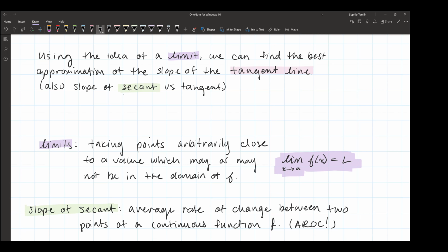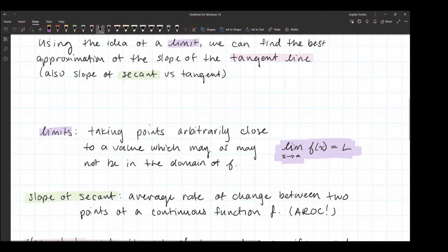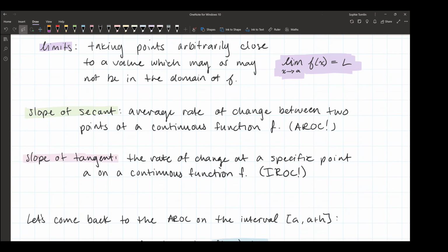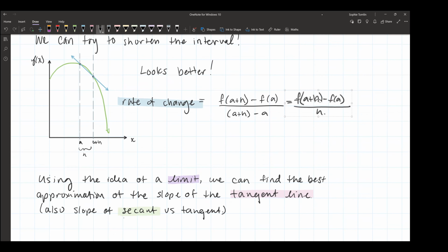We can use this idea of the limit to find the best approximation of the slope of the tangent line. And then we'll compare that to the slope of the secant. The slope of the secant is the average rate of change between two points, like we had up here.